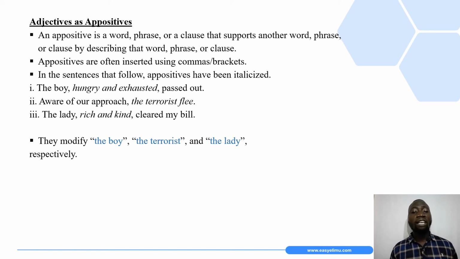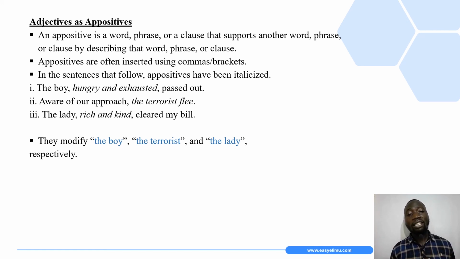Appositives are often inserted using commas or brackets. We use commas and brackets in sentences to give additional information. The information provided within the commas or the brackets is not the main idea in the sentence, but is just there to give additional information.